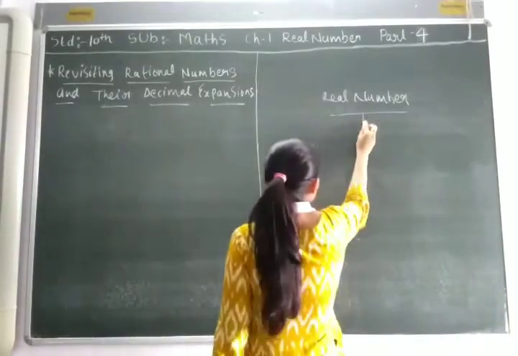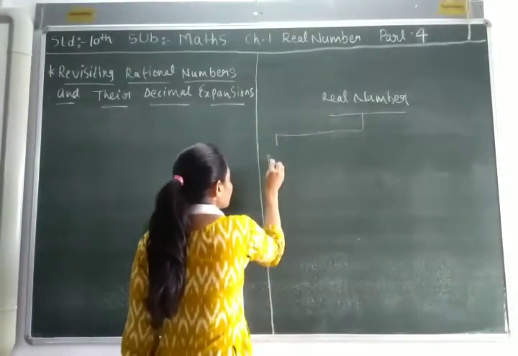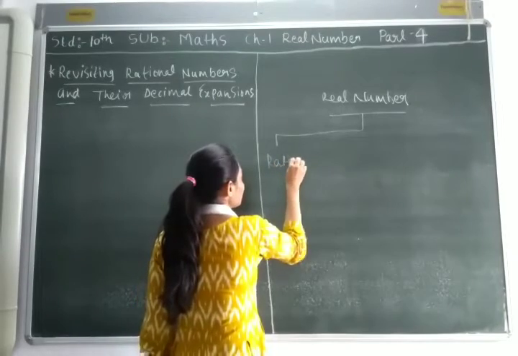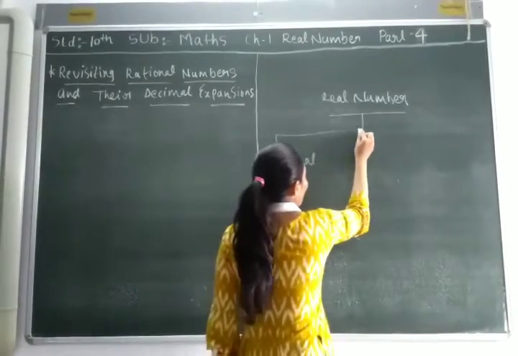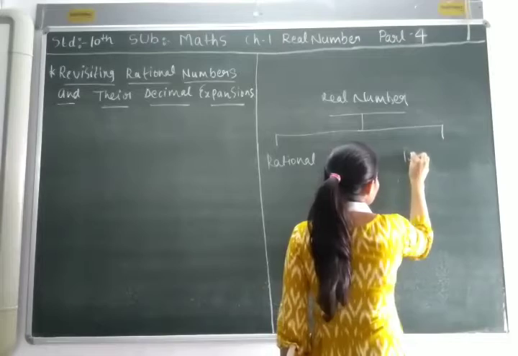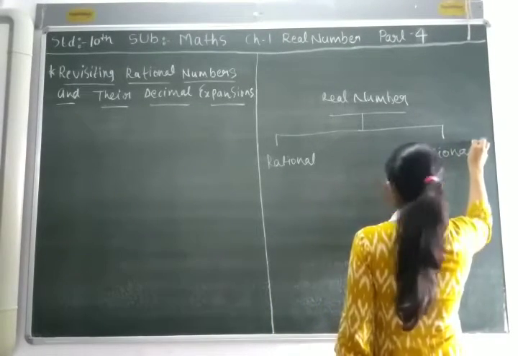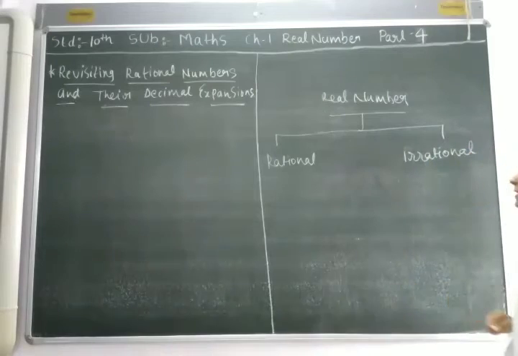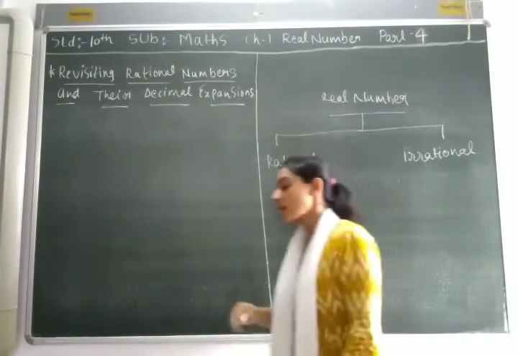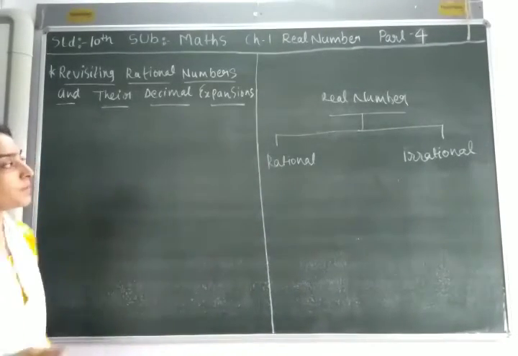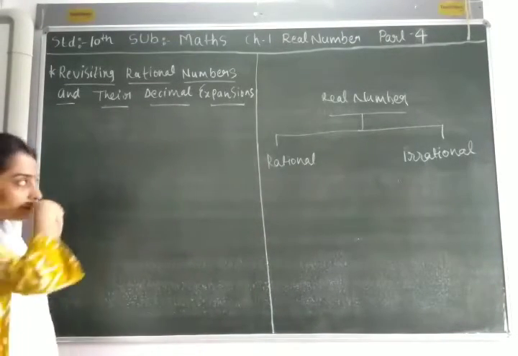Either it can be rational or irrational. A real number is nothing but a collection of all the rational numbers and irrational numbers.